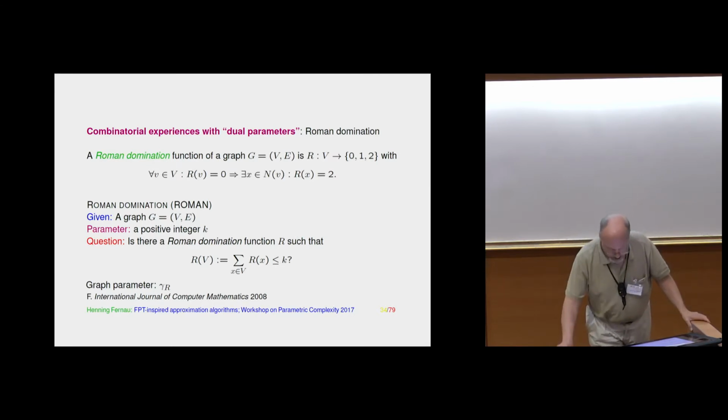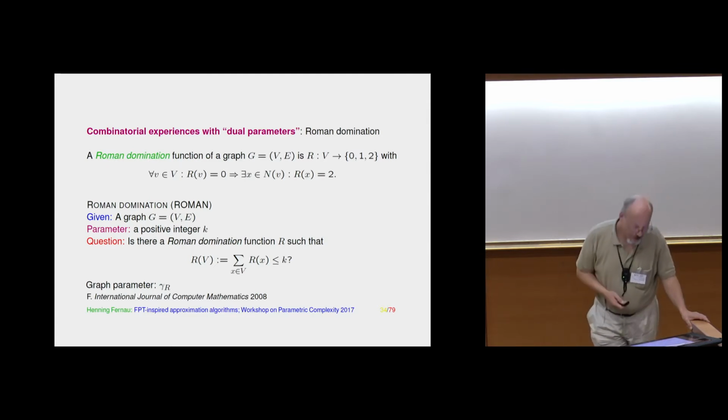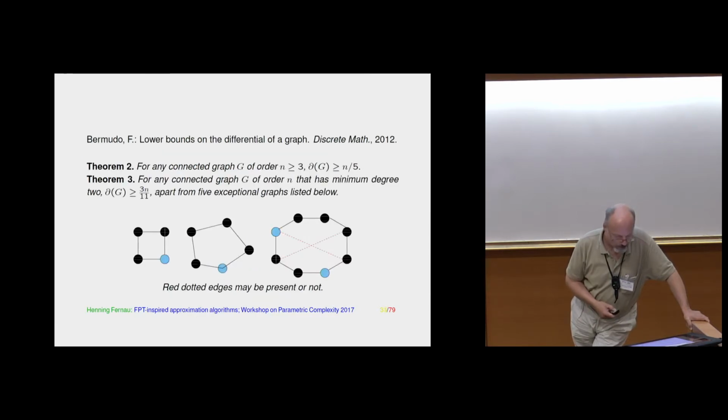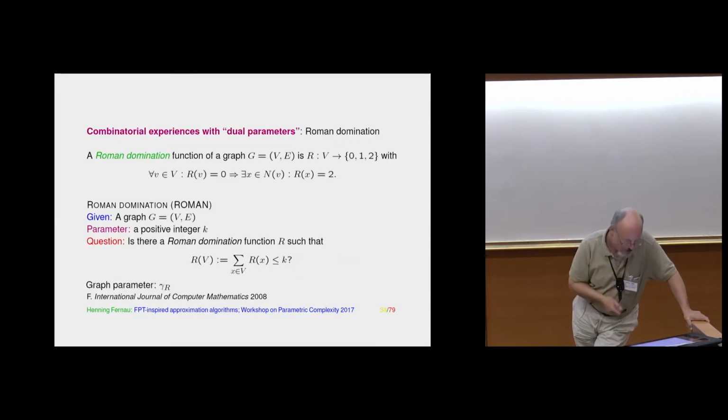So this has been studied from 1999 on, I think in quite a number, maybe 20, 30, 40 papers, I don't know. Also by those guys introducing this other parameter, the differential of a graph.